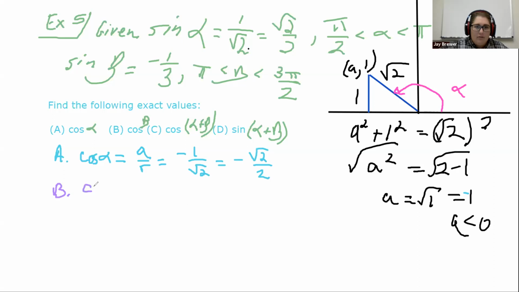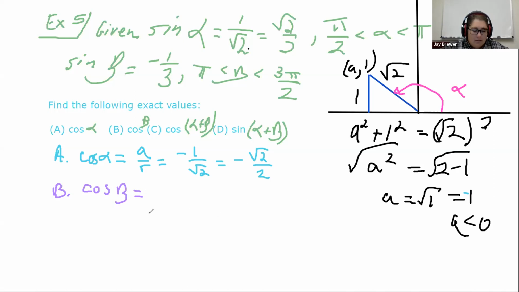Now we need to find cosine of beta. Okay, there is an alternative method to finding the cosine of alpha. You could also use one of your identities. I will show you that in the slide when we get back to it, just so you guys can have an easier time writing it down.